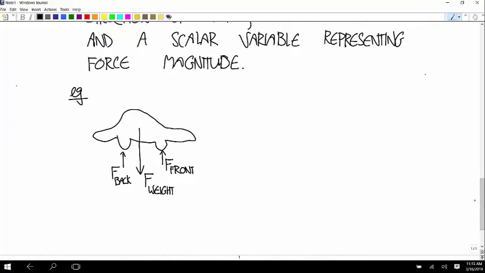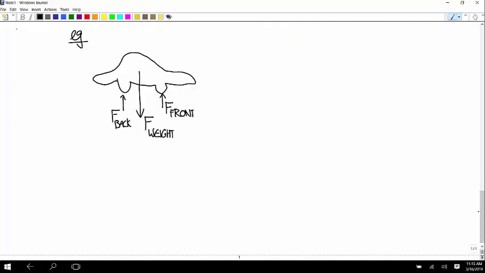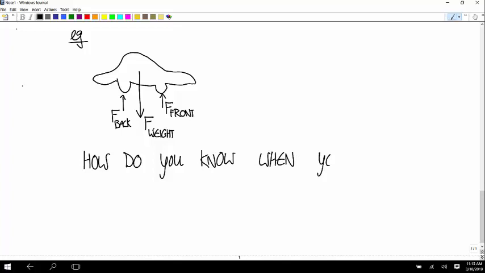Okay, so how do you know when you've dealt with all the forces on the body? How do you know when you've represented every force?